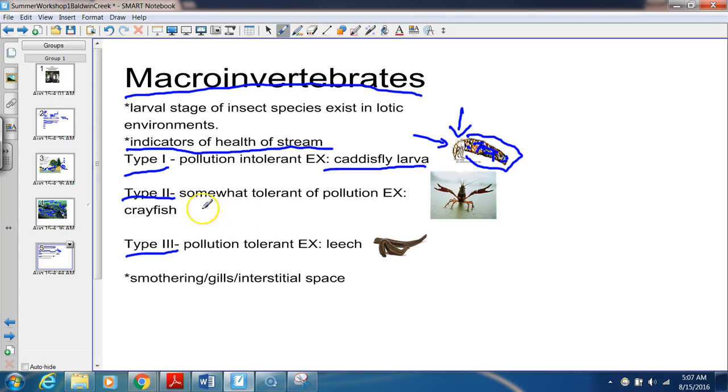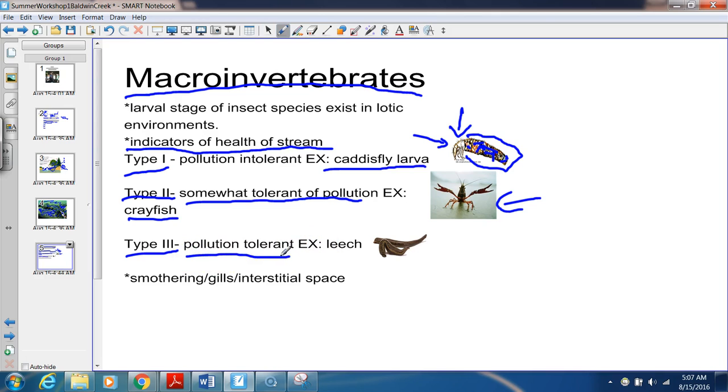Type 2 are species that are somewhat tolerant of pollution. So if there is pollution in the water, like maybe a little bit too much sediment or some oils, the crayfish could survive. And that's an example of one. We actually found a few of those. And then type 3 species are pollution tolerant.